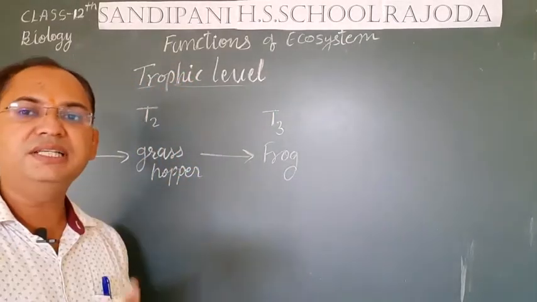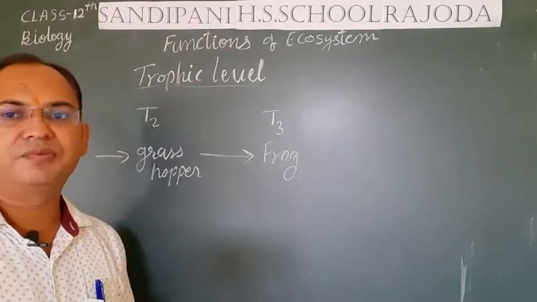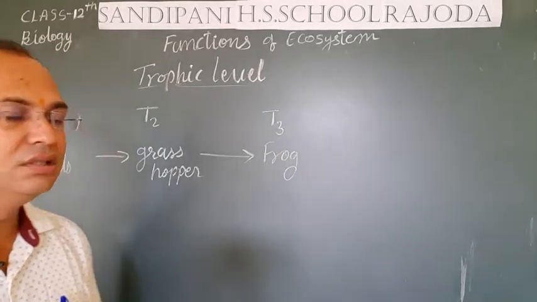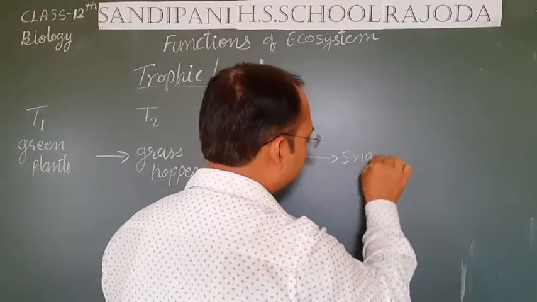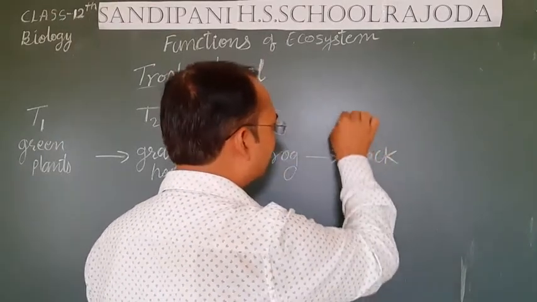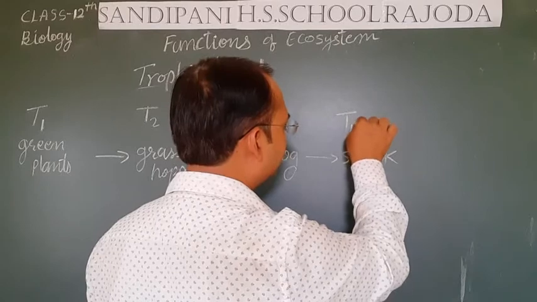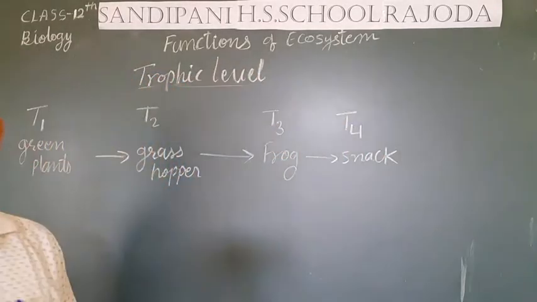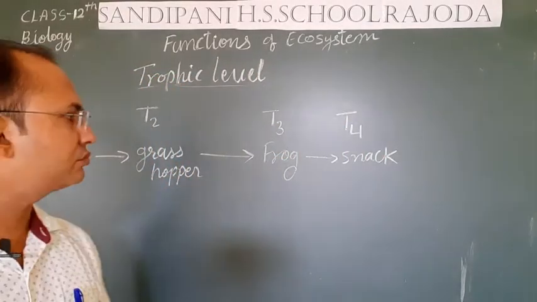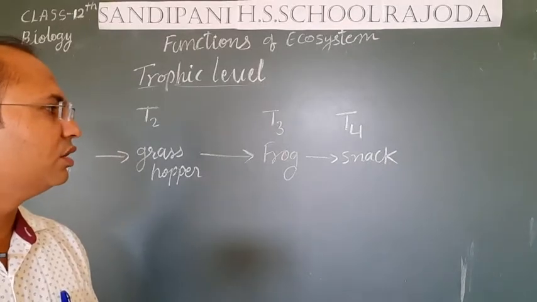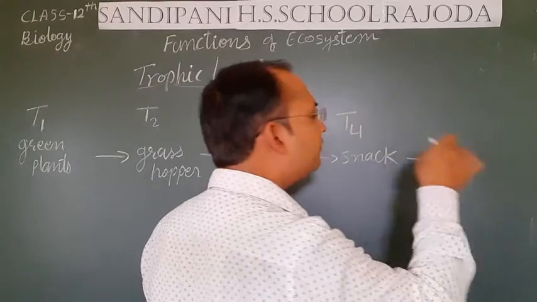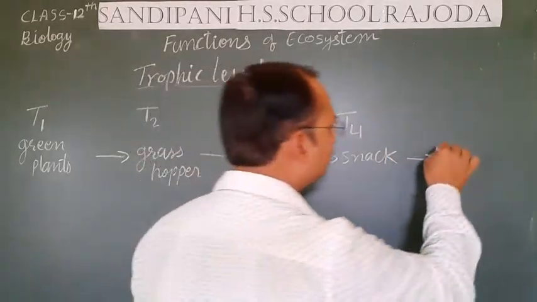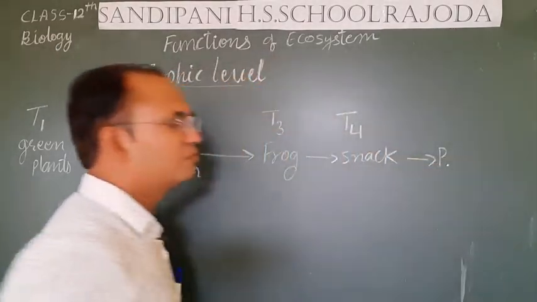Frog is a part of third trophic level. Now who will eat the frog? Definitely the snake. Snake belongs to fourth trophic level, and again the snake will be eaten by peacock.